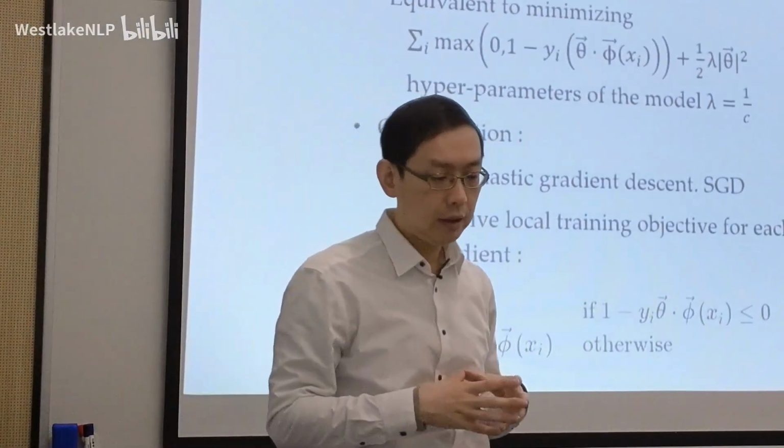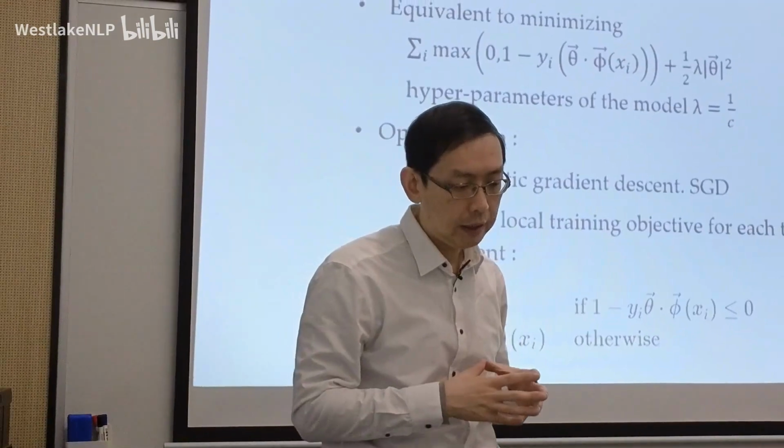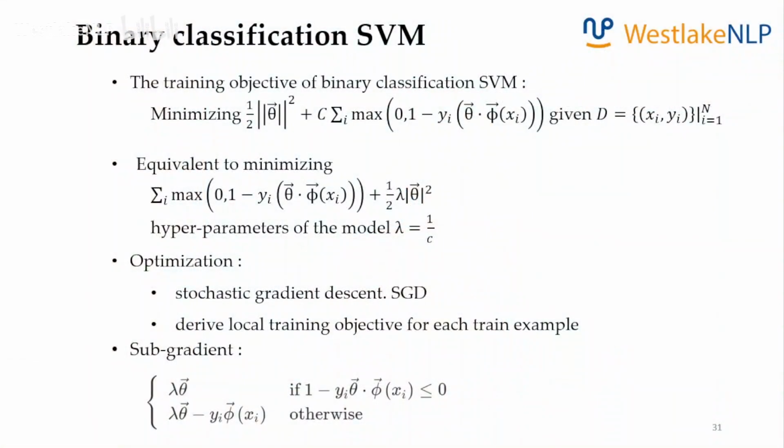So when we break this function, then the gradients are defined in the last equation here. We first decide whether 1 minus y theta phi is less than 0. If it's less or equal to 0, we're fine, no gradient.